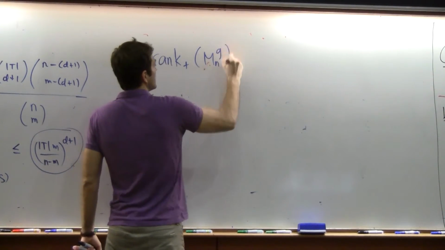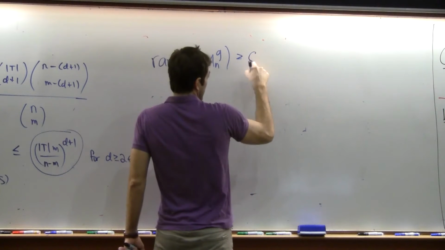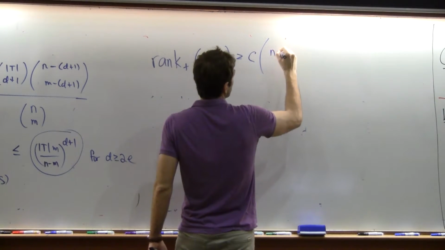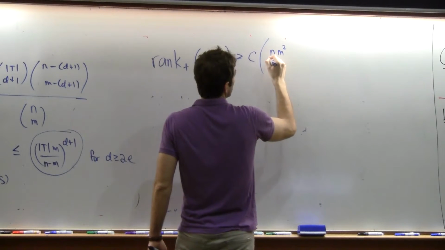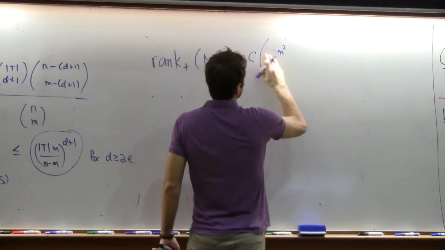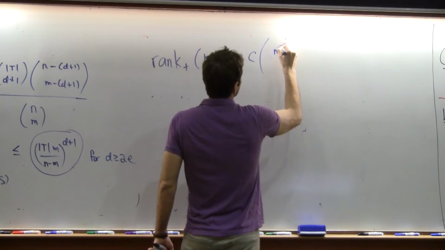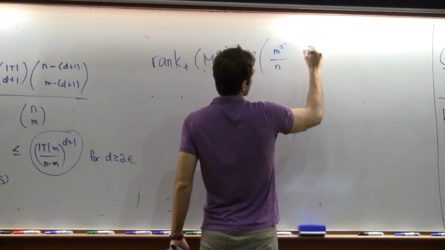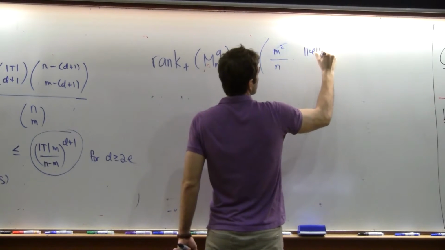M and G, some constant which is now universal, times M squared over N, and then here's the factor that's really killing me.